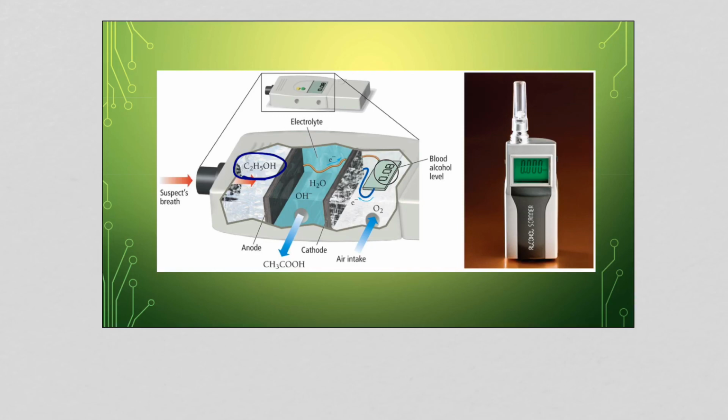You're getting oxygen from the air here, and the more ethanol you have is going to cause this fuel cell to run. It's going to supply fuel, and as this runs, it's going to give off a voltage. Through the electronics, the amount of voltage or electrical signal you get off can be correlated to how much alcohol the person has in their breath.